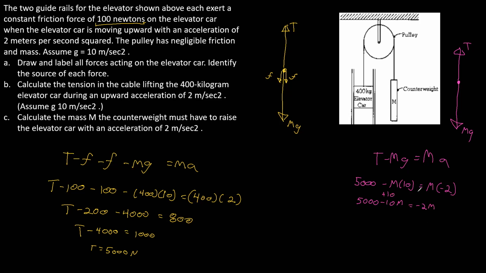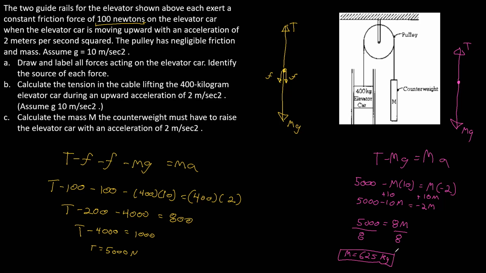I add 10M over, and I get 5,000 equals 8M, because negative 2 plus 10 is 8. And then if I divide both sides by 8, I think the answer ends up being 625. Yep, 625 kilograms. No, I did not do that in my head. I've just done this problem a couple dozen times in my life.